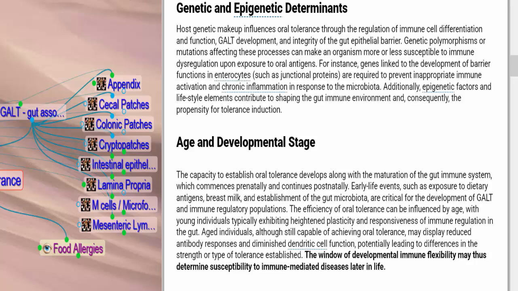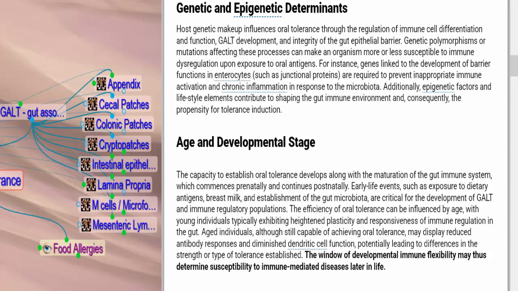It's now fairly well established that it's important to give developing infants a diverse diet once they get off breast milk. The efficacy of oral tolerance can be influenced by age, with young people typically exhibiting heightened plasticity and responsiveness of immune regulation in the gut.